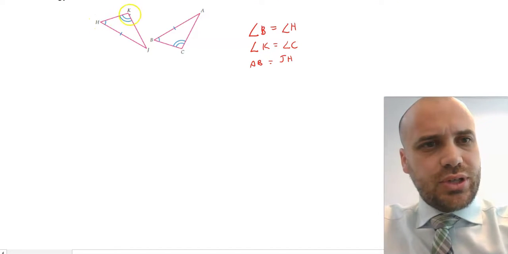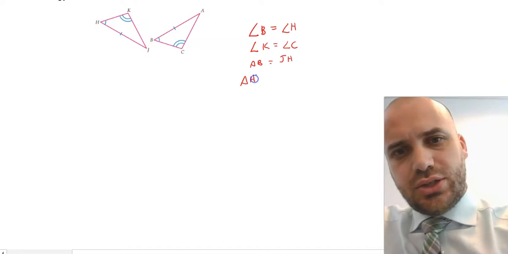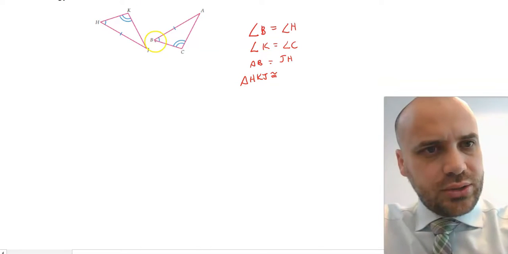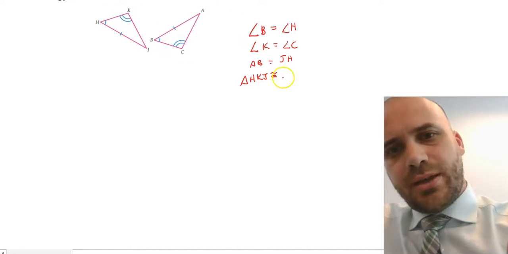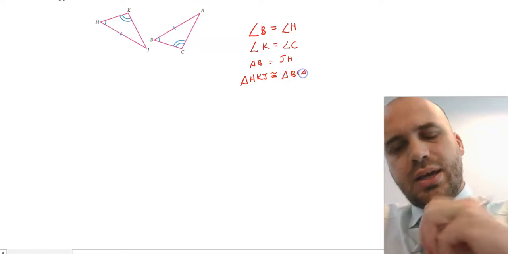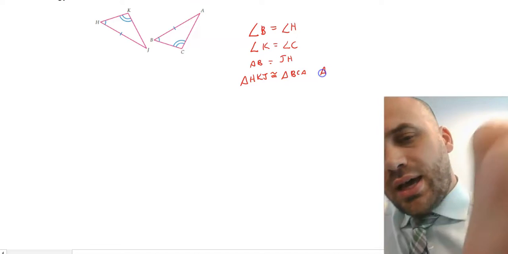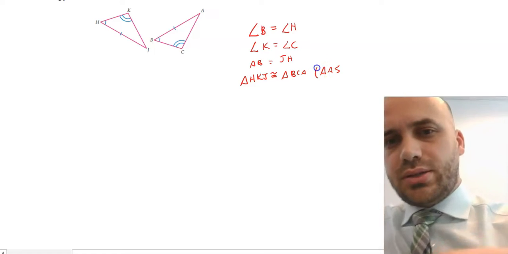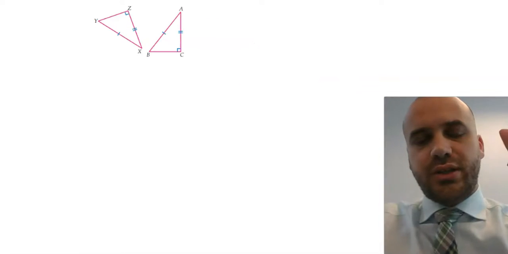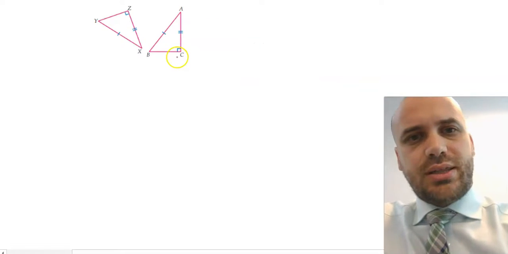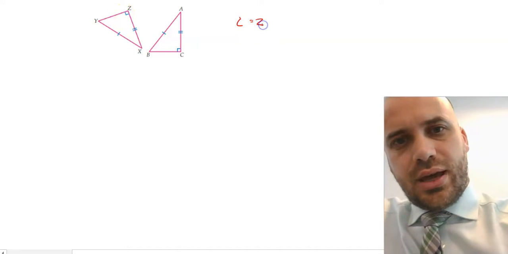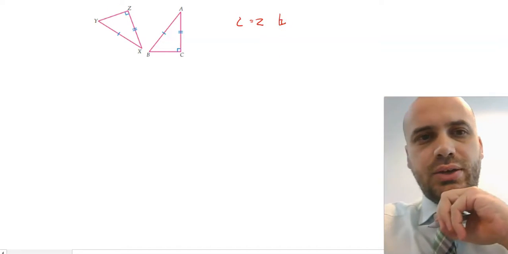We can say that triangle HKJ is congruent to triangle BCA, and the reason for that is AAS, two angles and one side. And finally, I can finish this off here. I can say that angle C equals angle Z, and they are both right angles.